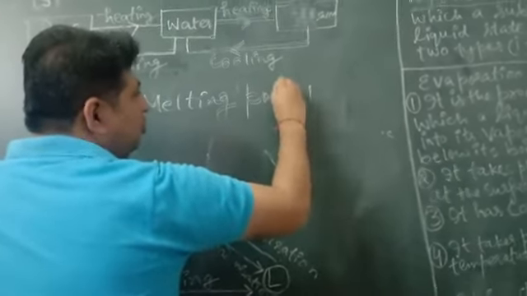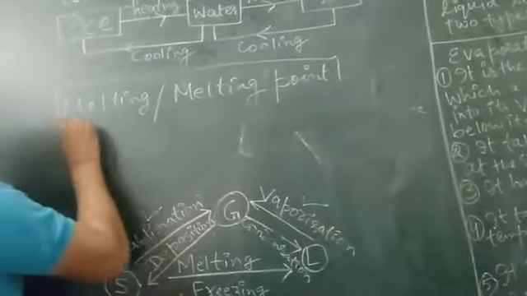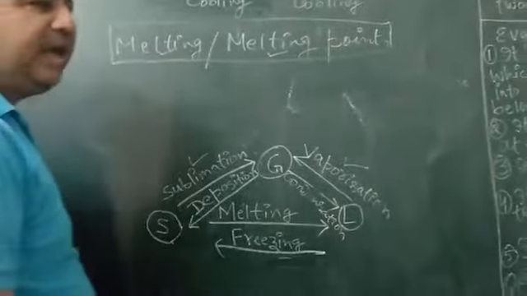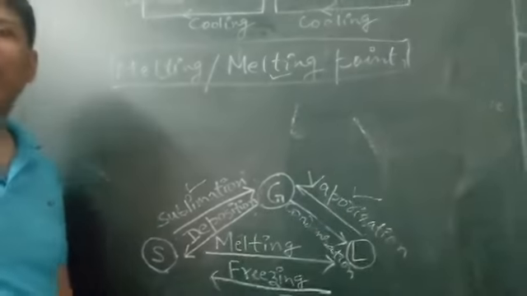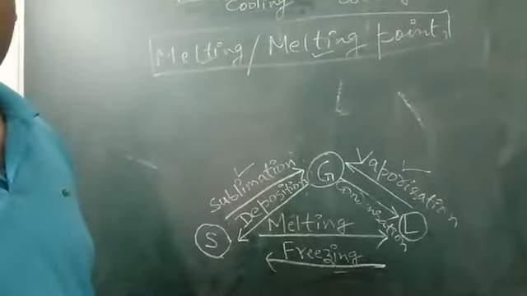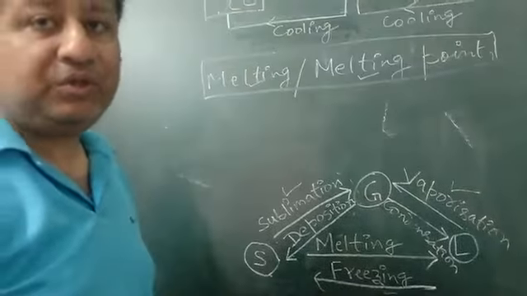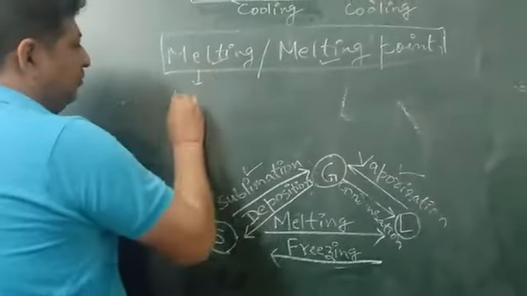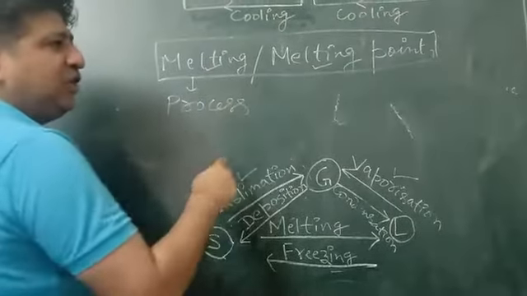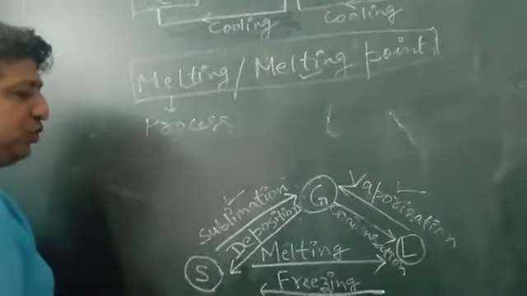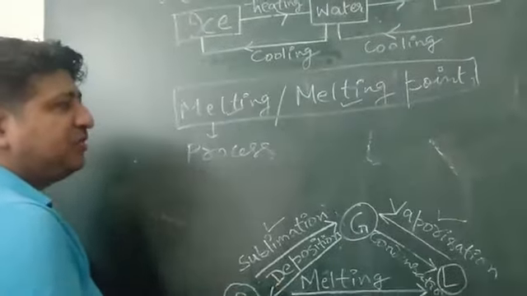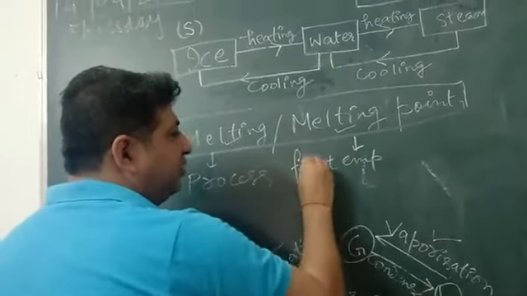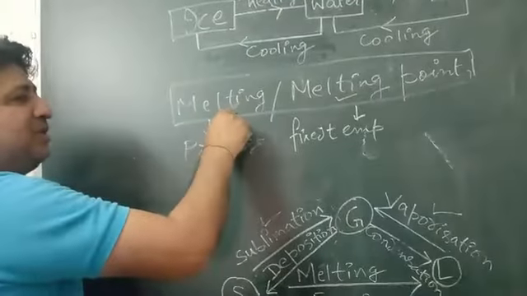Please make sure you know the difference between these two, melting and melting point, freezing and freezing point, boiling and boiling point, condensation and condensation point. This is the process: melting, freezing, vaporization, condensation, sublimation, deposition. Melting point is a fixed temperature at which that process takes place.